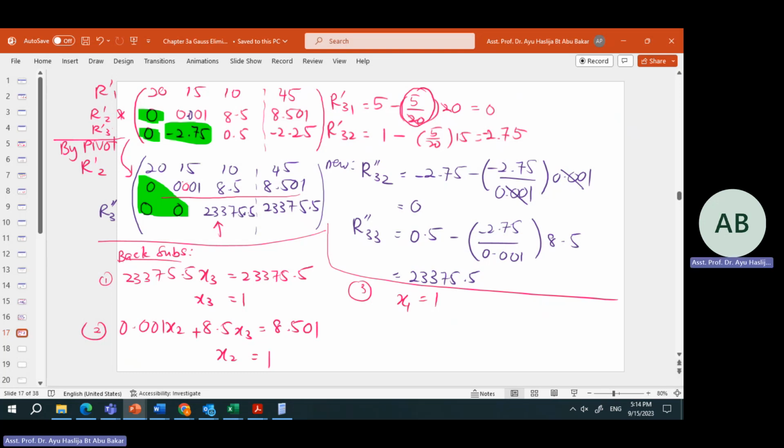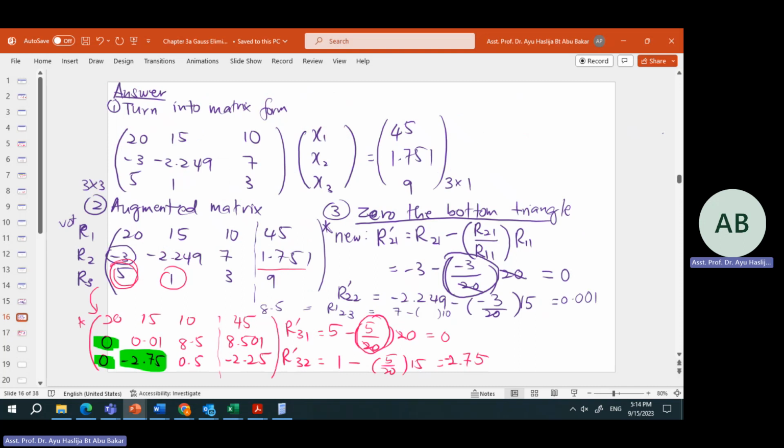How do you want to know your answer is correct? Substitute back into which equation? The original equation. The original from the question. The original equation means, where is it?